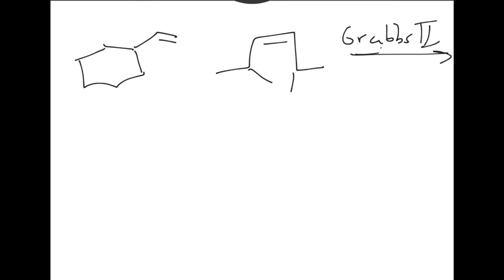When you have a symmetrical internal double bond, you just use half of it. So we're going to break this double bond in half and use one side and stick it to the inside of the other double bond.